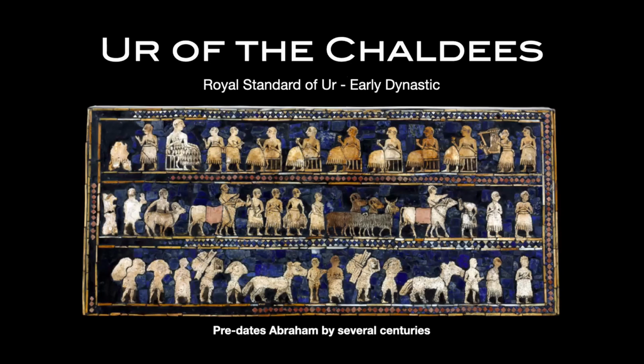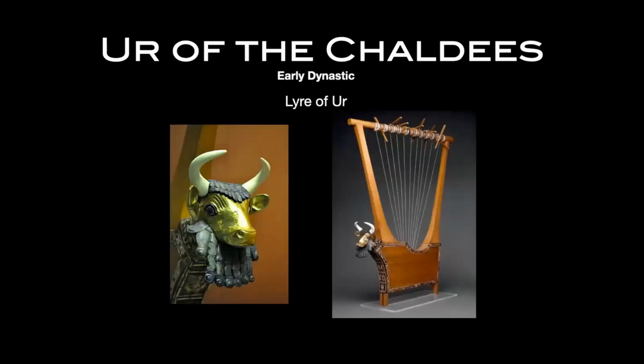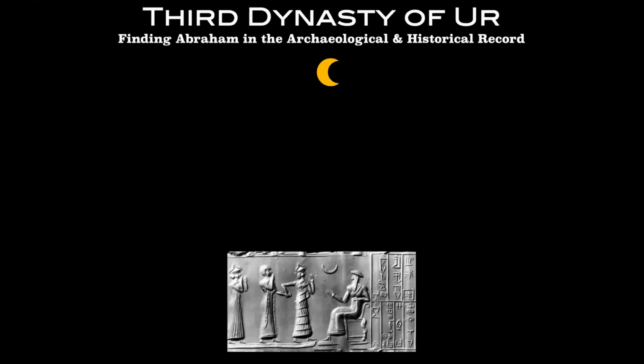Very beautiful lapis lazuli inlay with gold and ivory. And then also discovered by Leonard Woolley was this beautiful lyre of Ur, this beautiful musical instrument. So again, the Sumerians were very cultured and had a highly developed art tradition.